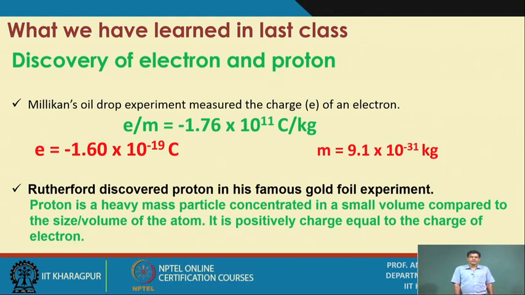by Rutherford from his famous gold foil experiment. So, basically proton is a heavy mass particle concentrated in a small volume compared to the size or volume of the atom.